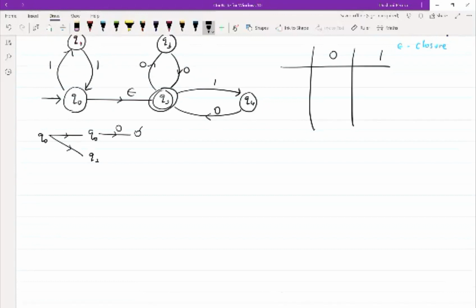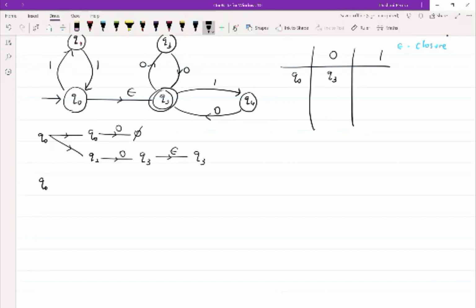It goes nowhere because it's not defined. Q2, when you give a 0, goes to Q3. And what is the e-closure of Q3? It's Q3 itself. So when you have Q0, your resultant state will be Q3.